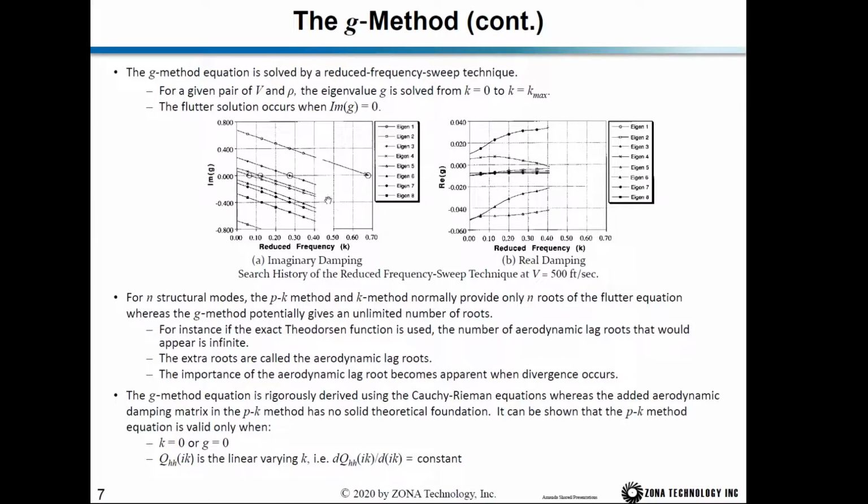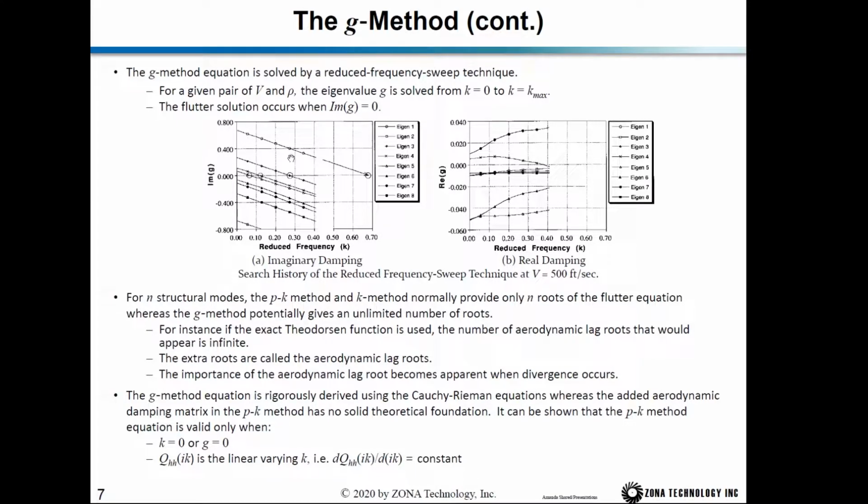However, the maximum reduced frequency in the MK Aero Z car is 0.4, and we are looking for at least 4 roots. Up to this point, the G method only finds 3 roots, so it knows it is short of 1 root.